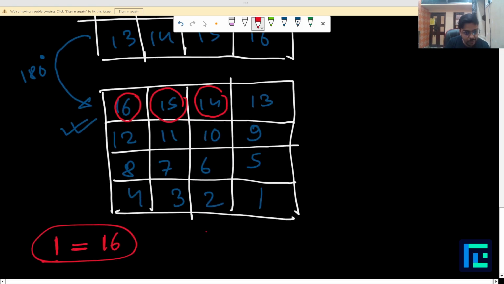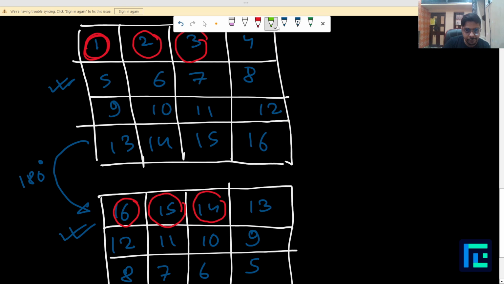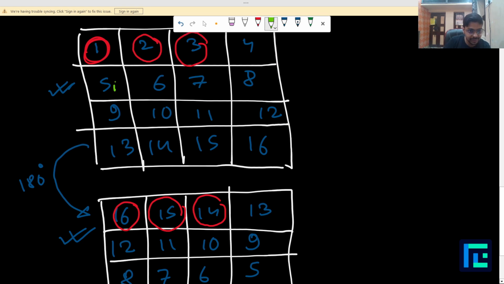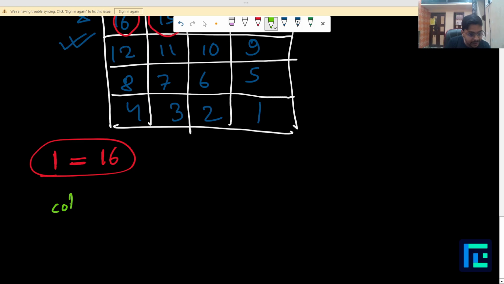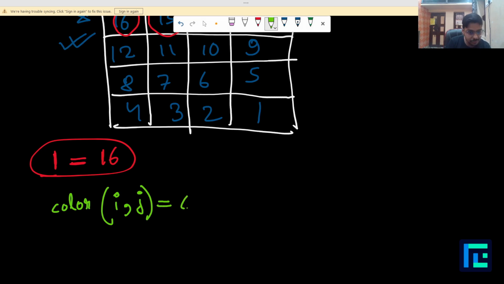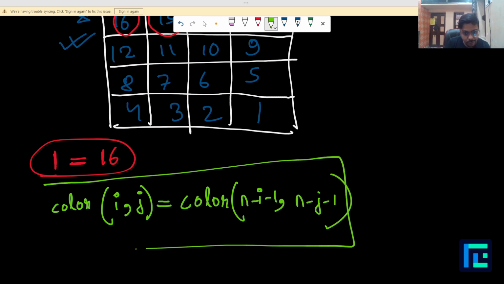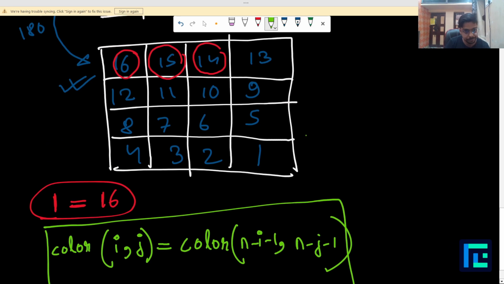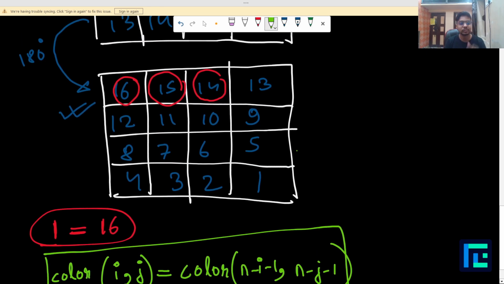These are the things I want, right? Now, if you consider zero-based indexing and this cell is (i, j), then you want the color of cell (i, j) to be exactly equal to the color of cell (n minus i minus 1, n minus j minus 1). This is what you want.